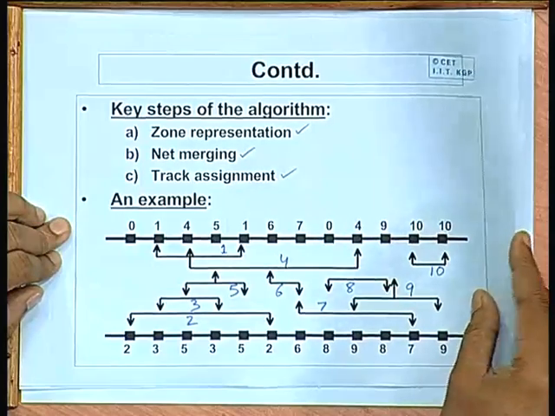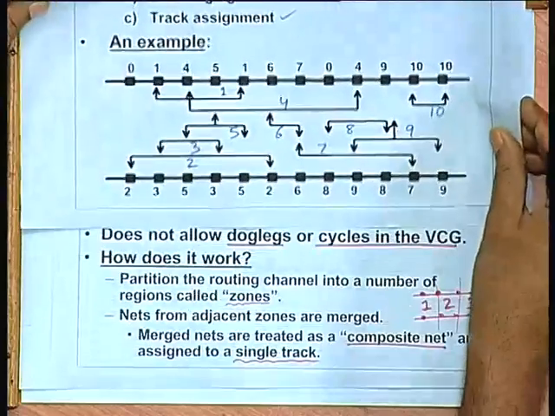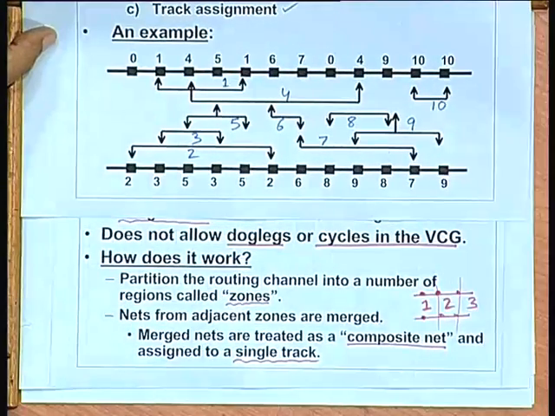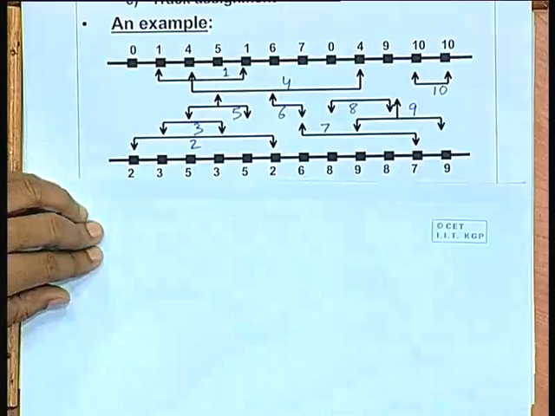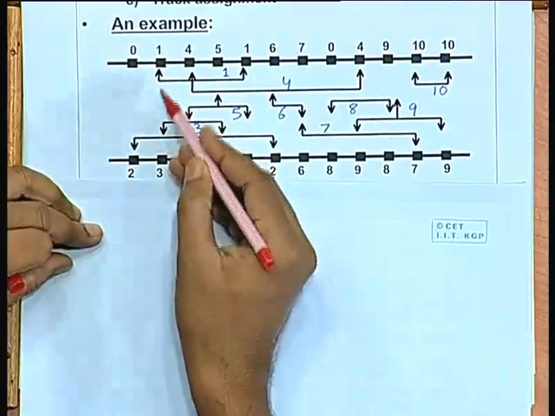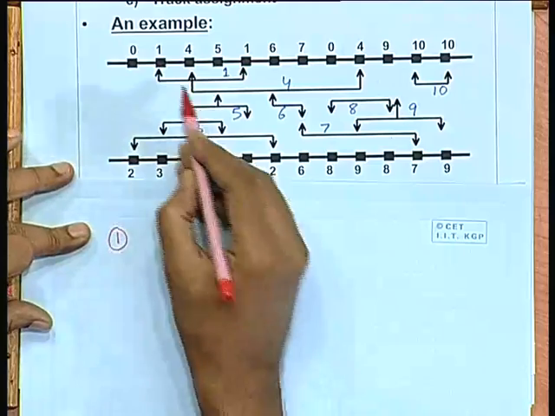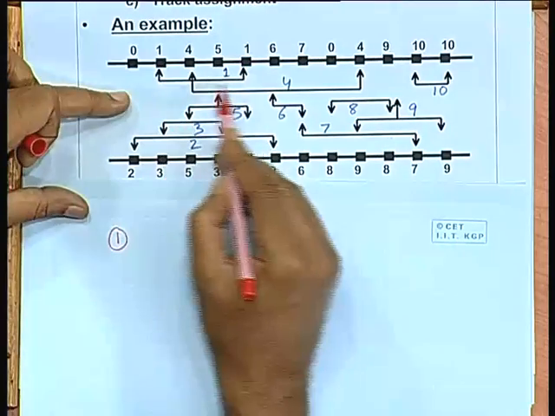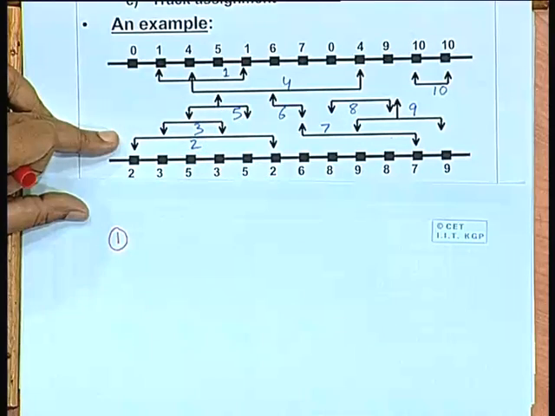Now, the first thing is, let us carry out an exercise: from this example, let us try to construct the horizontal constraint graph. You just look at the overlap. Say, from node number 1, this is the span. So, it overlaps with 2, 3, 4 and 5.